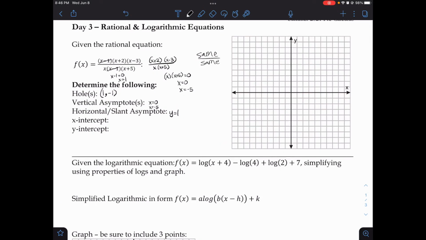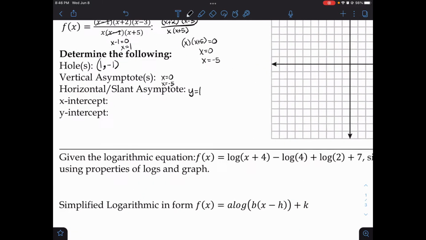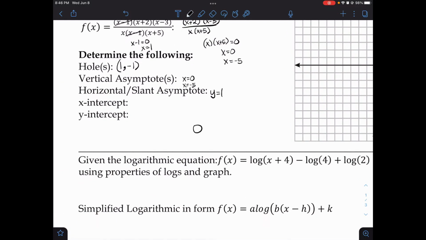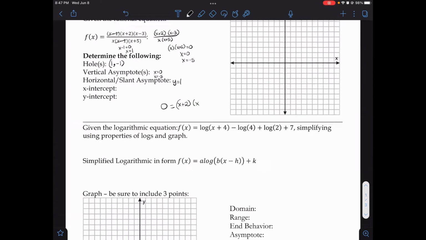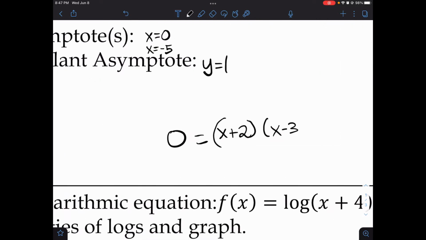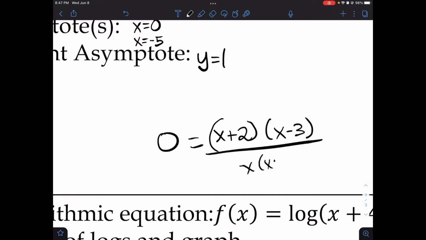Now the x-intercept and the y-intercept. Okay, so some things we know about the x-intercept. The x-intercept happens when our y value is equal to 0. So if we set our y value equal to 0 and then solve for x, that's a very easy way to do it. So let's see, x minus 3 and x times x plus 5.